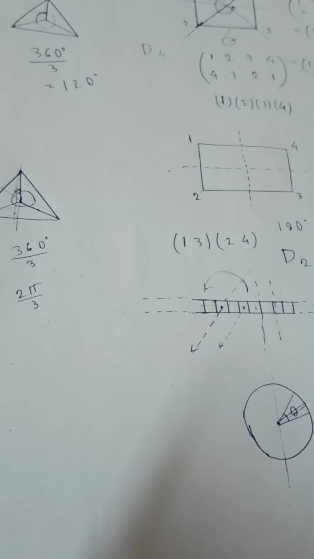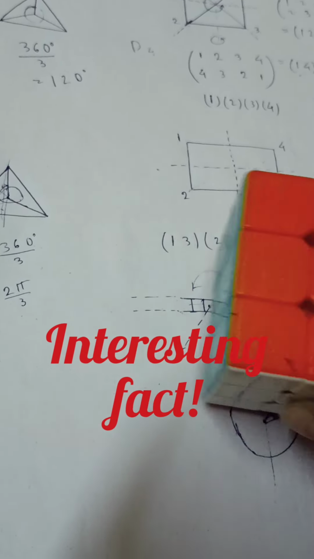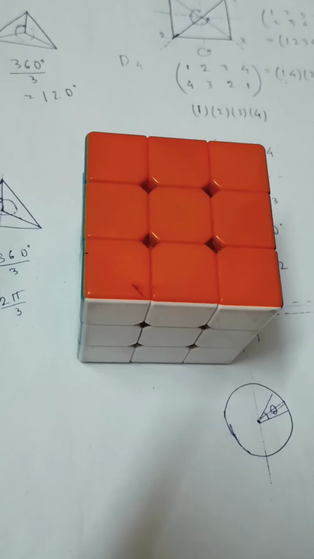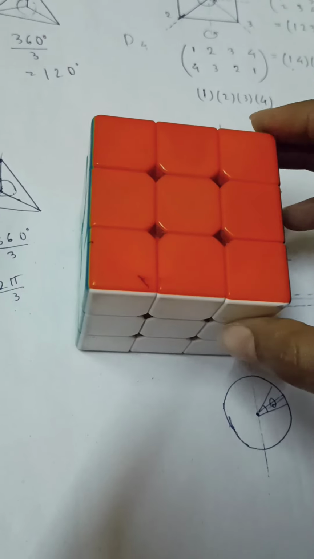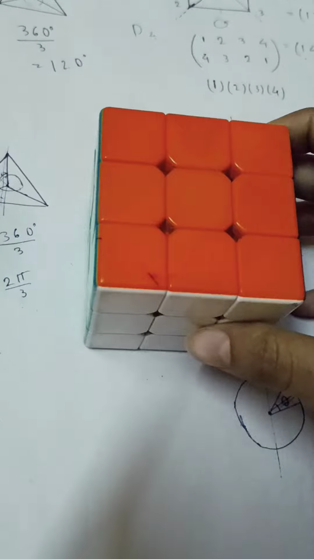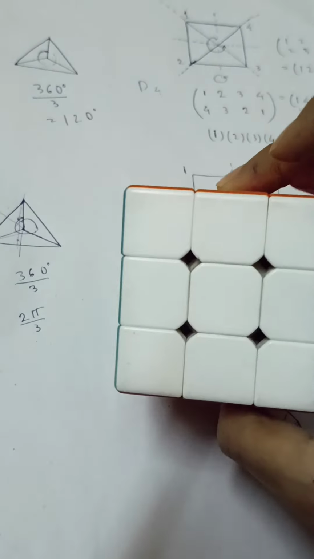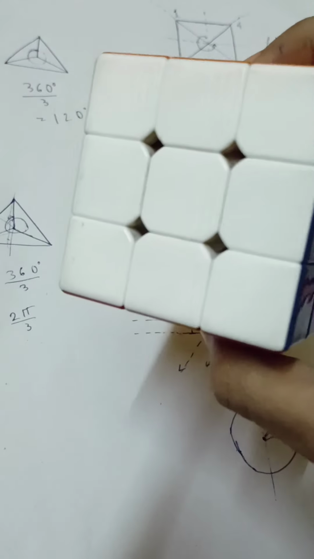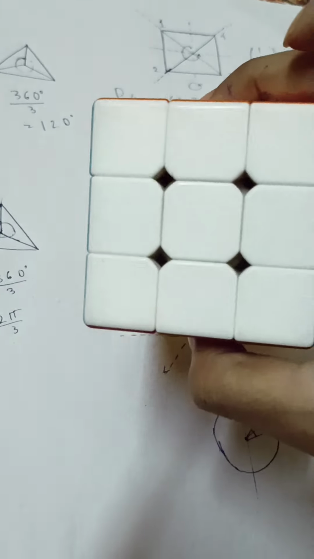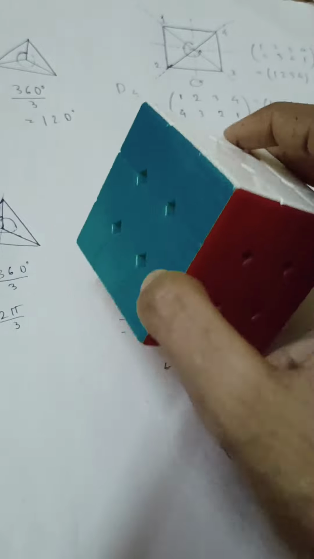Now we have reached the phase where I'm going to tell you an interesting fact, which is, if you take this 3D body like this, then the rotation and reflection are quite the same. See, if you take a reflection, or you can say rotation, whatever, about this axis, joining this point and this point, it will be a rotation.